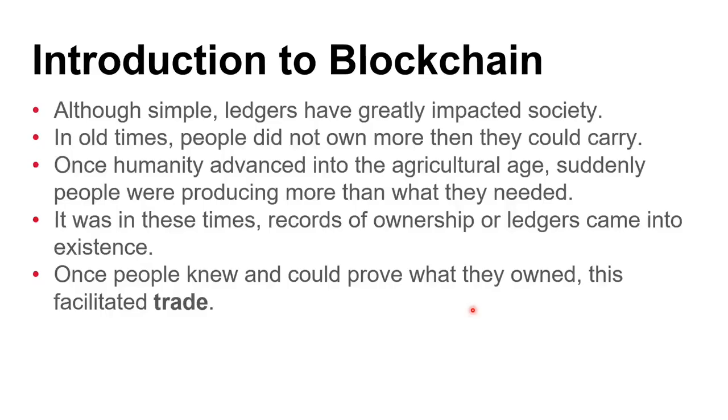At that time, it became necessary to write down what you owned. And it was in these times that records of ownership, or ledgers, came into existence. Once people knew what they owned and they could prove it, this facilitated trade.